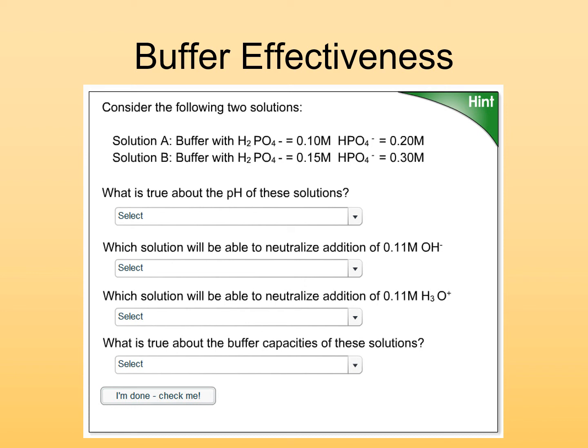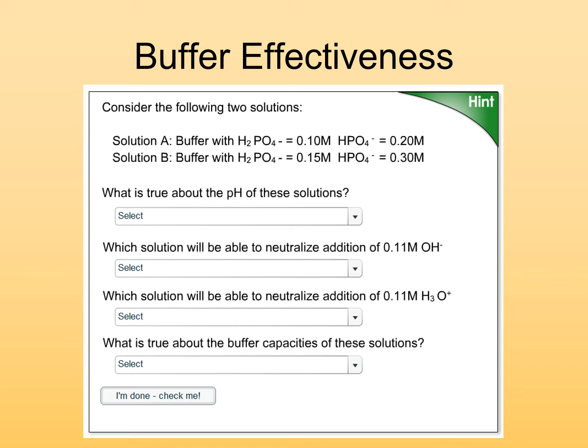All right. Looking at buffer effectiveness, and if you're in the presentation, you can actually click on this and it will check your answers as you go. So it says that you have 2 solutions. You have a solution A that's a buffer with the 0.10 molar H2PO4 and 0.2 molar HPO4.